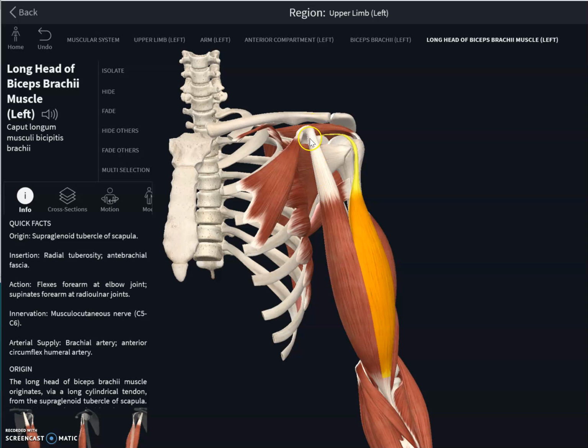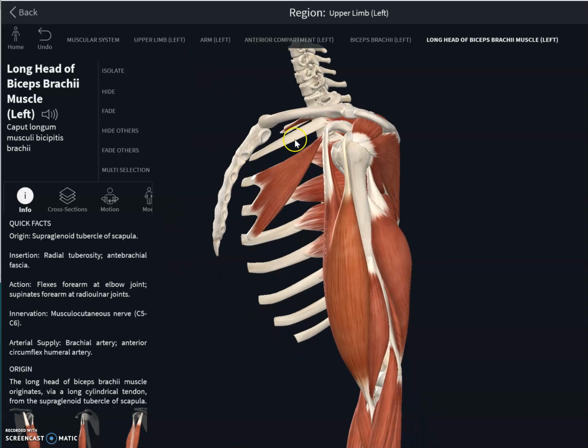The first one is at the supraglenoid tubercle of the scapula. So they go up and over and attach to the supraglenoid tubercle. And they also attach to the coracoid process of the scapula. The coracoid process of the scapula is right over here.